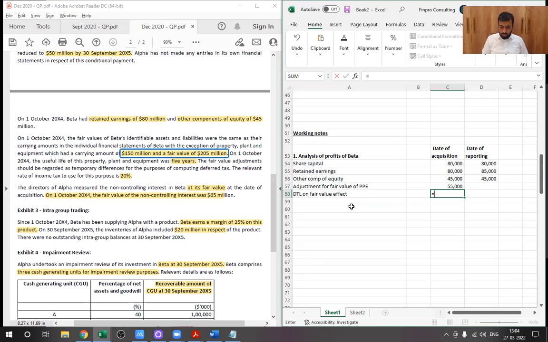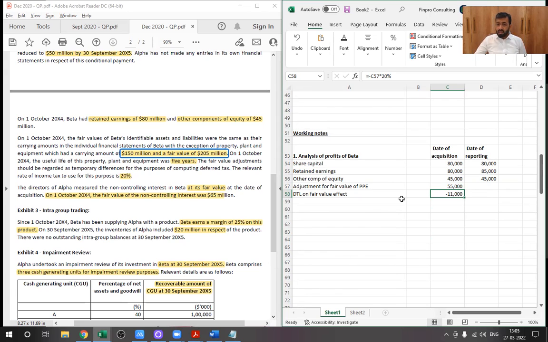So I'll have to consider 20% of this. This is an increase in the fair value, so your tax base is lower. So liability is negative. If this is a positive impact, this will have a negative impact. So you'll have to consider the signs also.